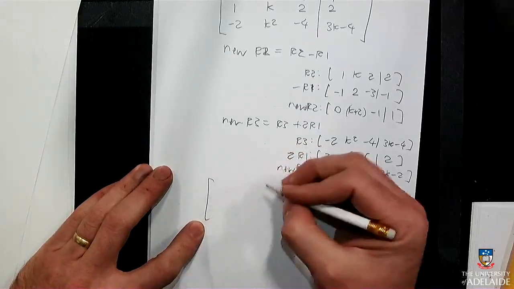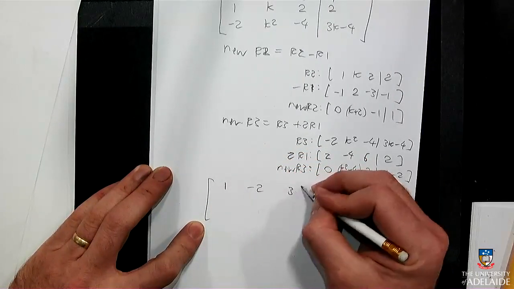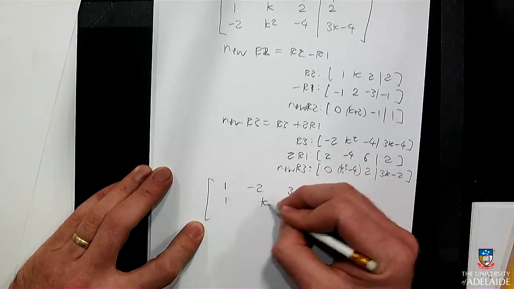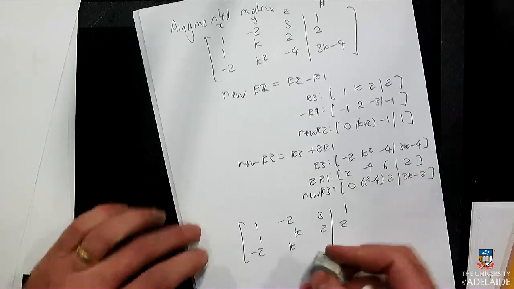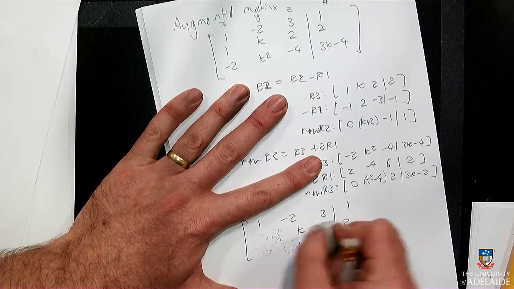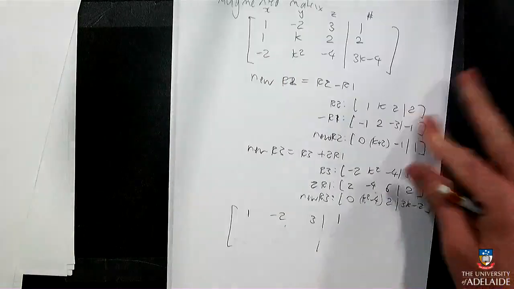So my matrix is now 1, minus 2, 3, 1, 1, k, 2, 2, minus 2, k. Oh crap, I'm just copying the original matrix. What am I doing? Row 1 didn't change.